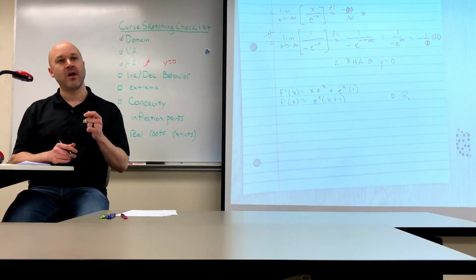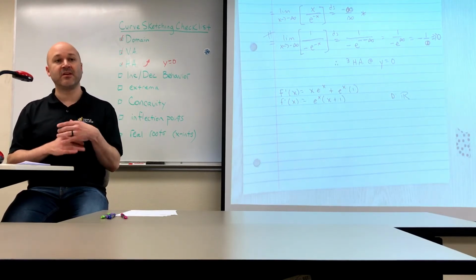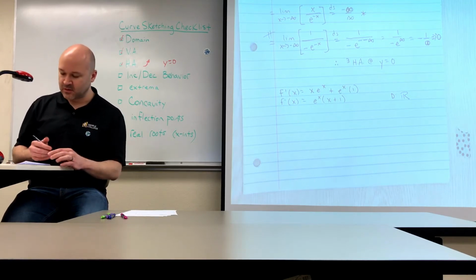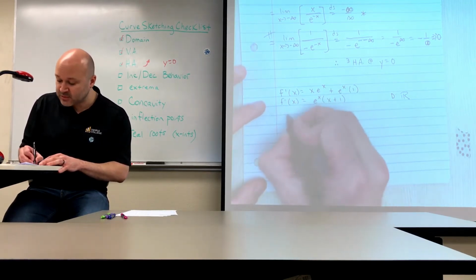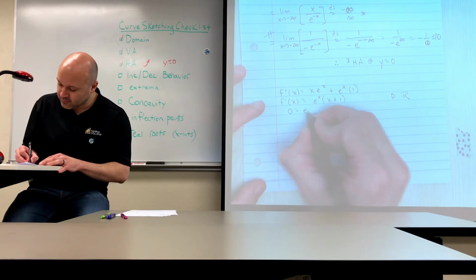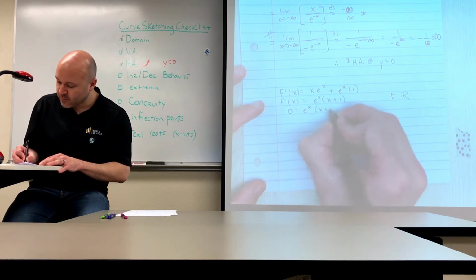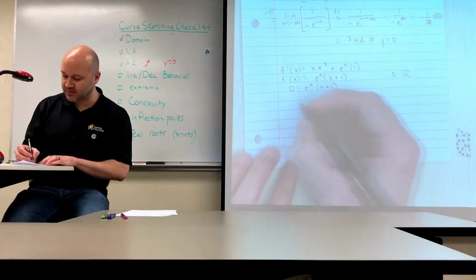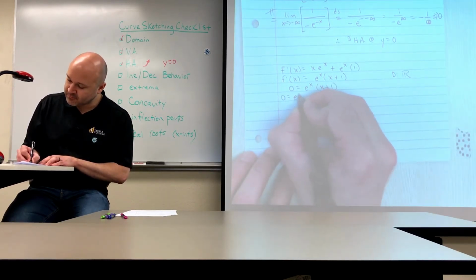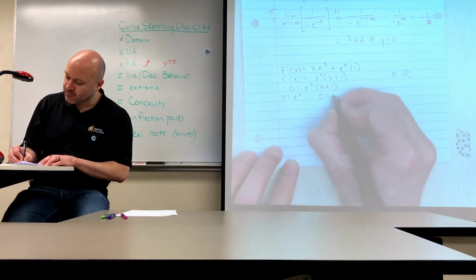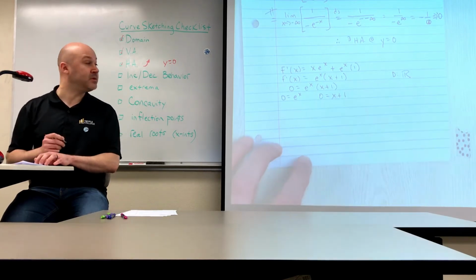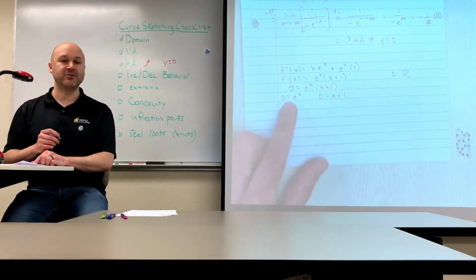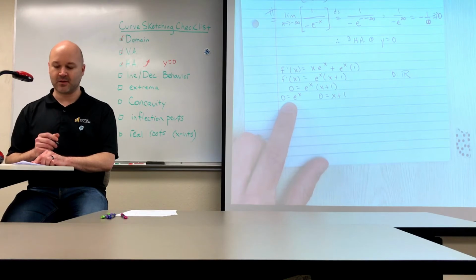I'm going to continue. Critical values on the first derivative can also occur at the roots. So I'm going to set the first derivative equal to 0. Well, because I factored, I can now set each factor equal to 0 and solve them independently. Now the first one will never happen.